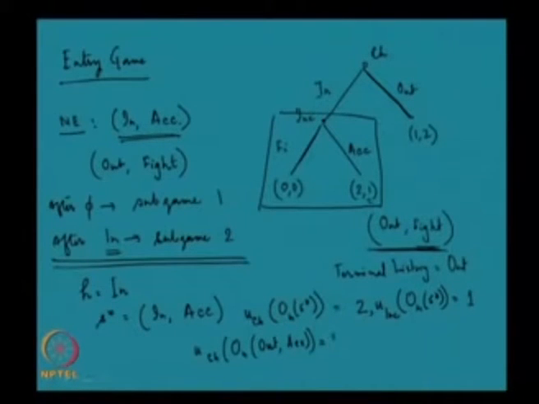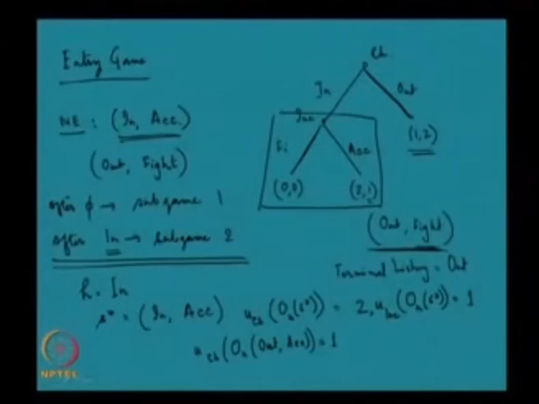He gets 1, because this is what is happening now. So, it is suboptimal for player 1 to deviate. What about player 2? That is the incumbent.